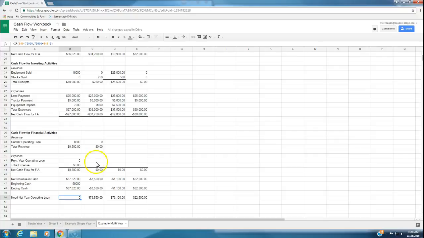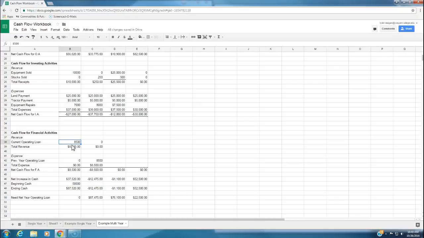But in the expenses is the previous year operating loan expenses. So right here, we actually have to say it is equal to the previous year's operating loan. The reason for that is, we say right here that last year we had to take out an operating loan in 2014 for $8,500.